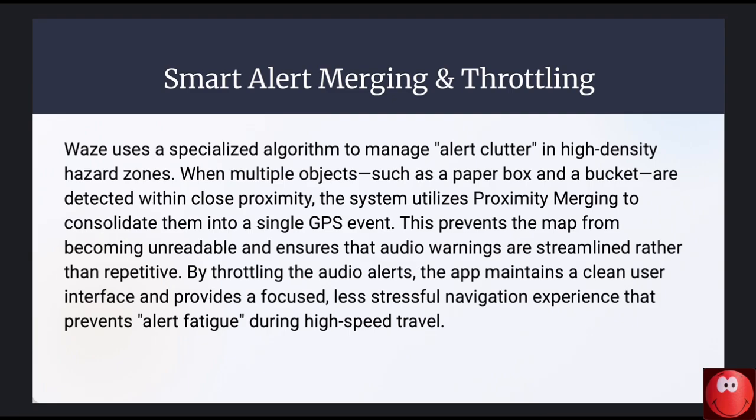This prevents audio overlap, where the voice wouldn't be able to keep up with your driving speed. More importantly, it avoids driver panic. By giving you one clear timely warning, Waze ensures your eyes stay off the phone and on the windshield, giving you plenty of time to scan the lanes and spot both objects safely.